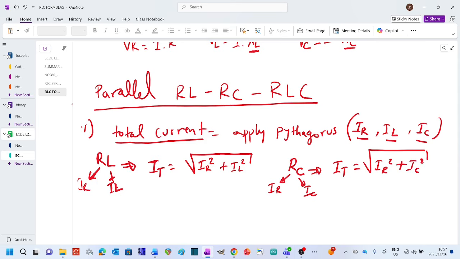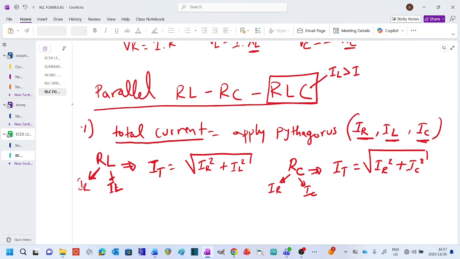Good. But what if you are dealing with RLC combined? So if you are dealing with RLC combined, you should first of all know, are you dealing with the case where IL is bigger than IC? So after you've calculated IR, IL, IC, what did you find out?